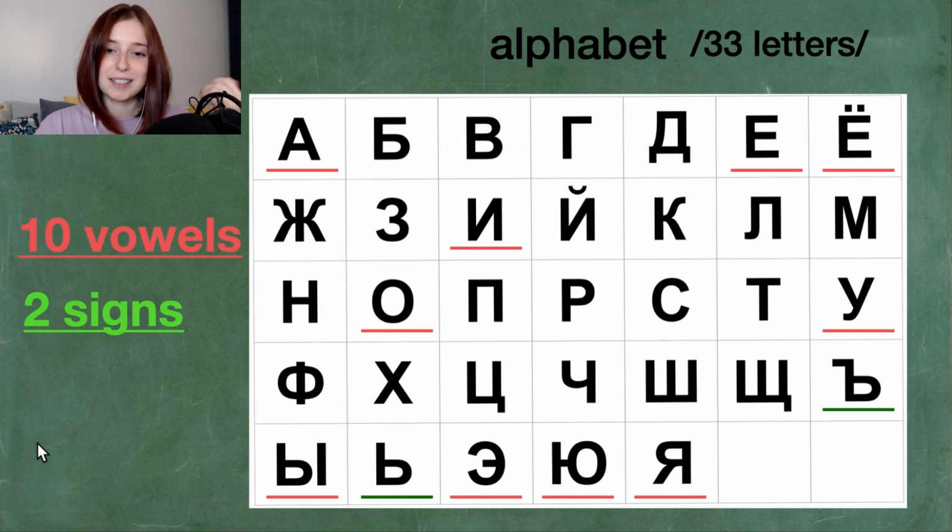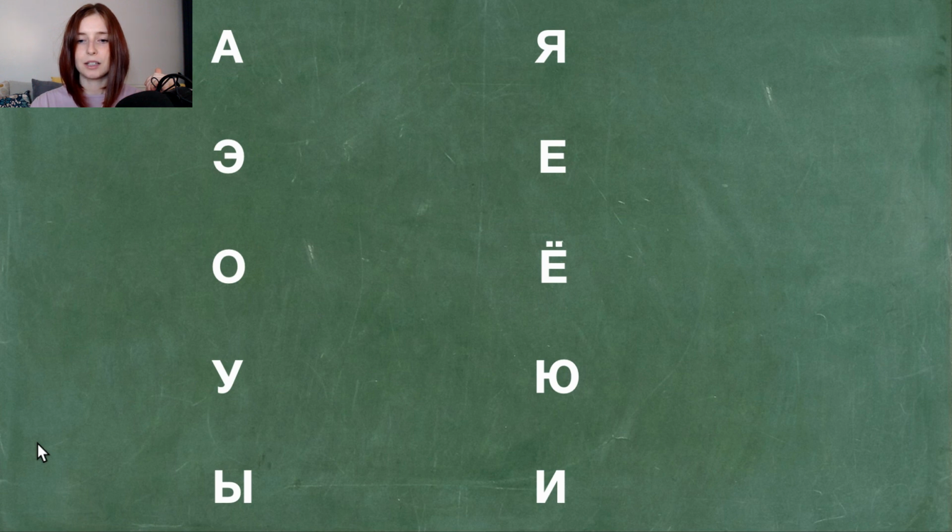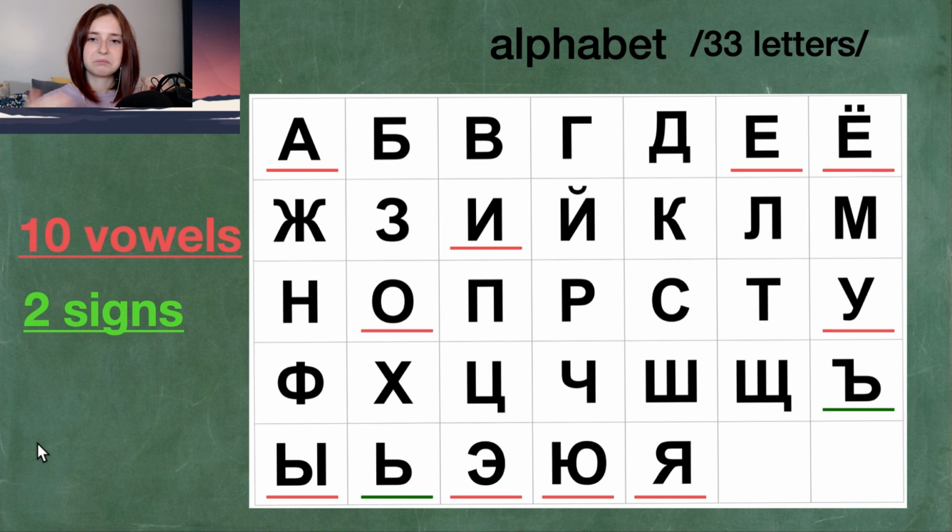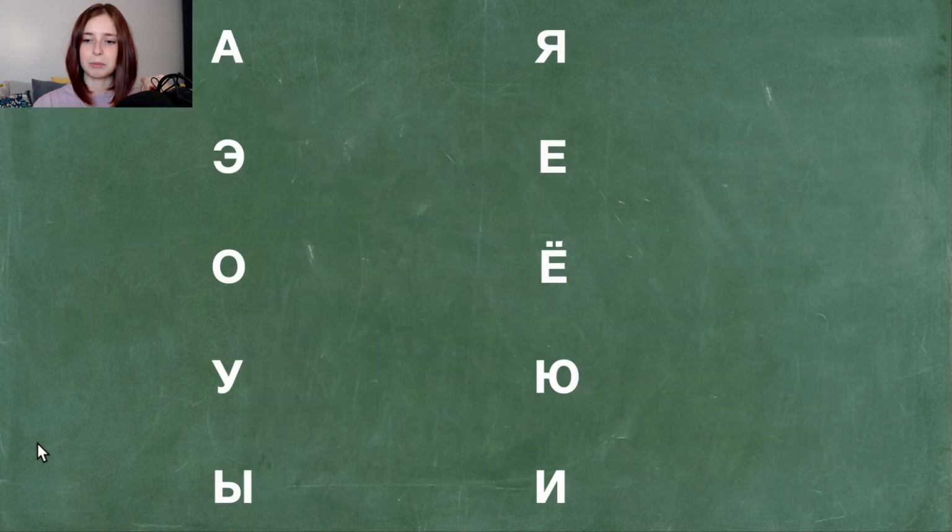It's just two signs. And the rest of the letters are the consonants, of course. What would we do without them? Nothing. So I think it's better to go with this order, because I think the other order is going to be a bit complicated.